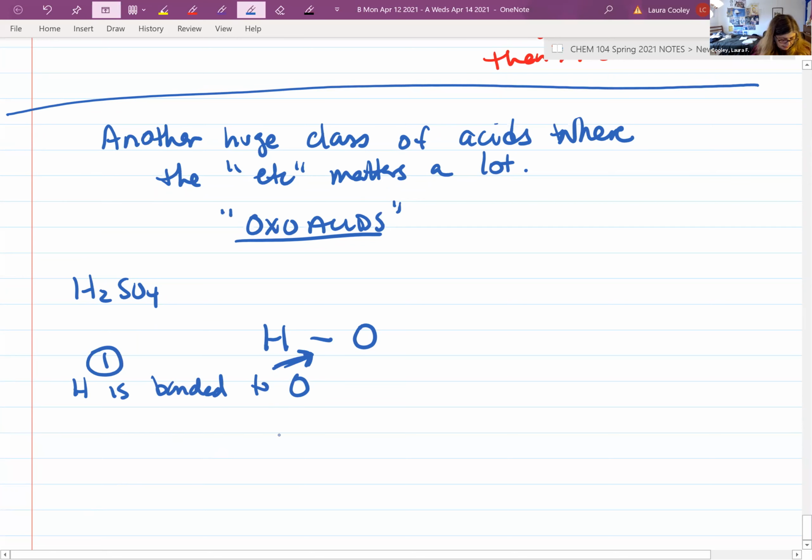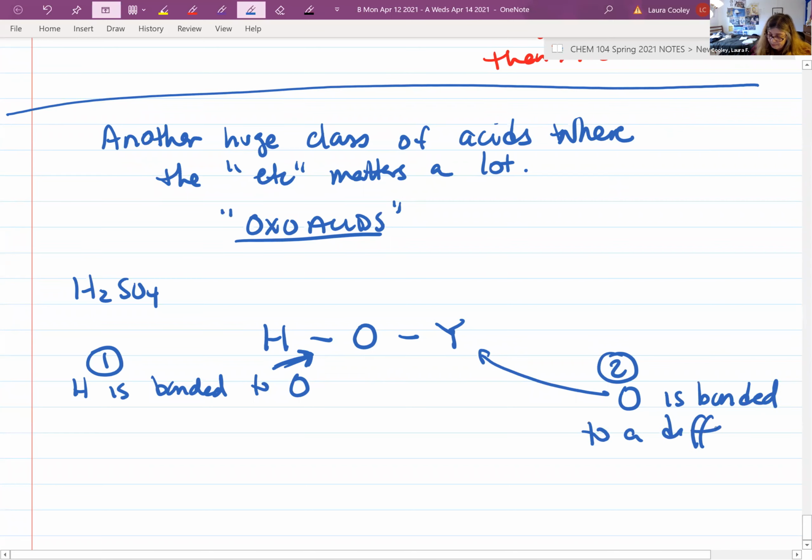The second thing is that that O is then bonded to some different atom. So this is number 2. The oxygen is bonded to a different atom. It's not hydrogen and not oxygen, but some other atom.